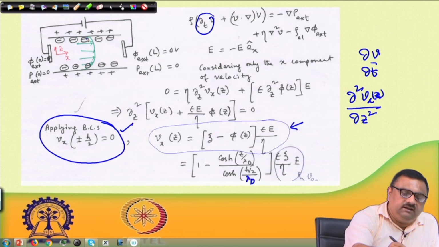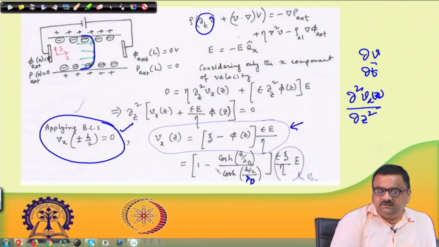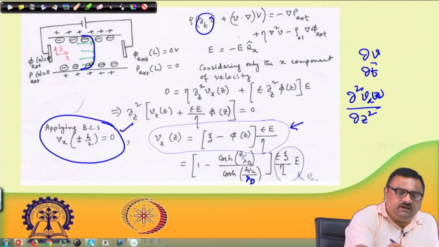Here in green you can see this V x z is plotted. This is the velocity profile. If somebody plots these, one can see that this velocity profile develops within a very short distance from the wall, and then it remains practically flat.